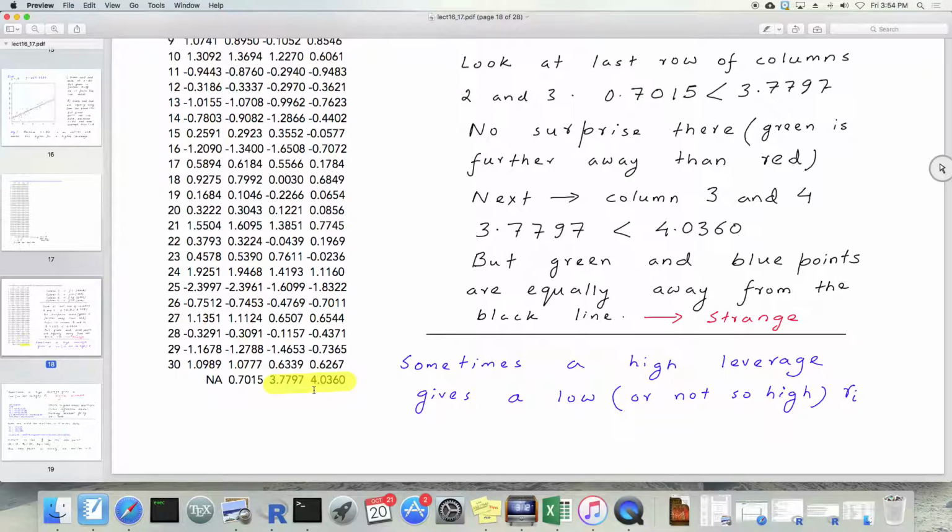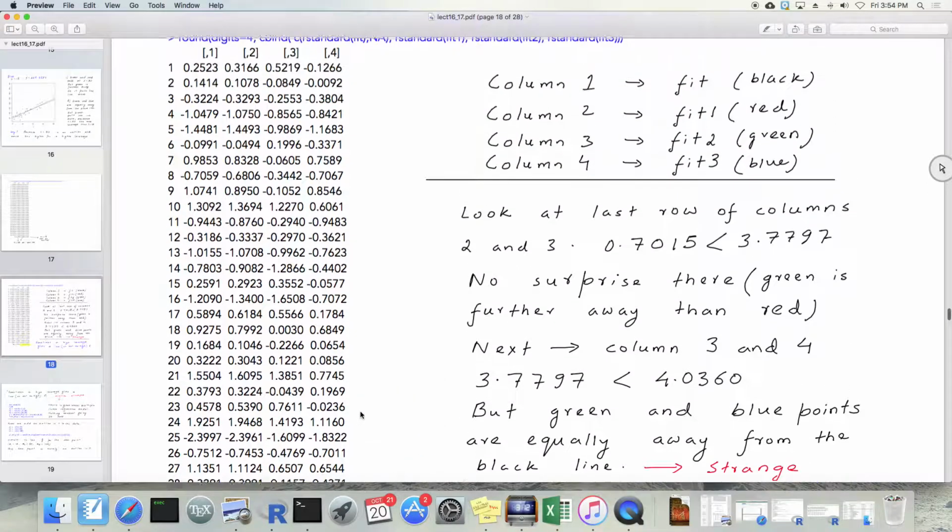For the blue, it's 4.0360, which also is big, and we know the blue is also an outlier in response. But blue and green are kind of equally bad in some sense. They are equally away from the black line. So why is the ri more bad for the blue? That's one point.